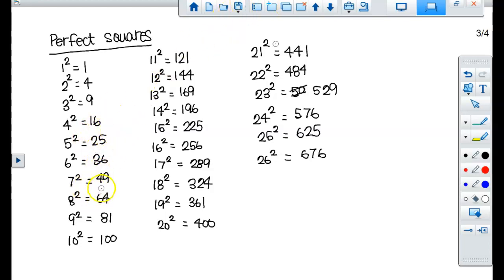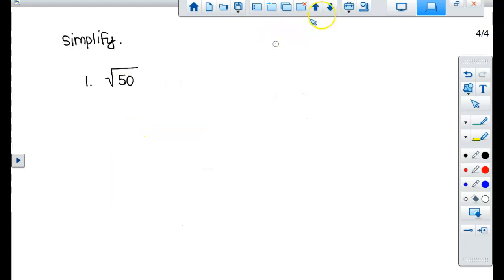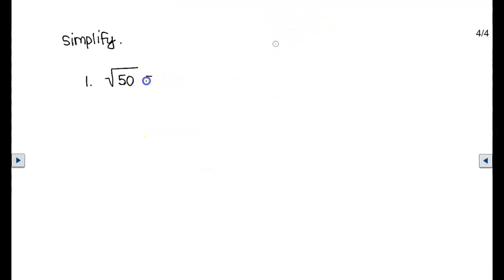So notice what I did there. I started out in my list where 50 would fall, and then I worked my way up. You want to do that to make sure you get the biggest perfect square that is a factor of your number. So 25 is the number that I'm going to use to help me simplify this. So I'm going to rewrite the square root of 50 as a multiplication problem.